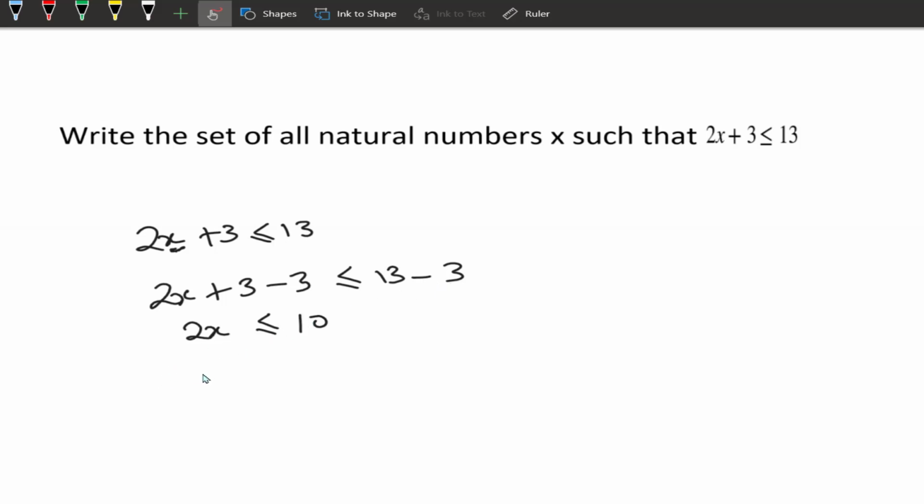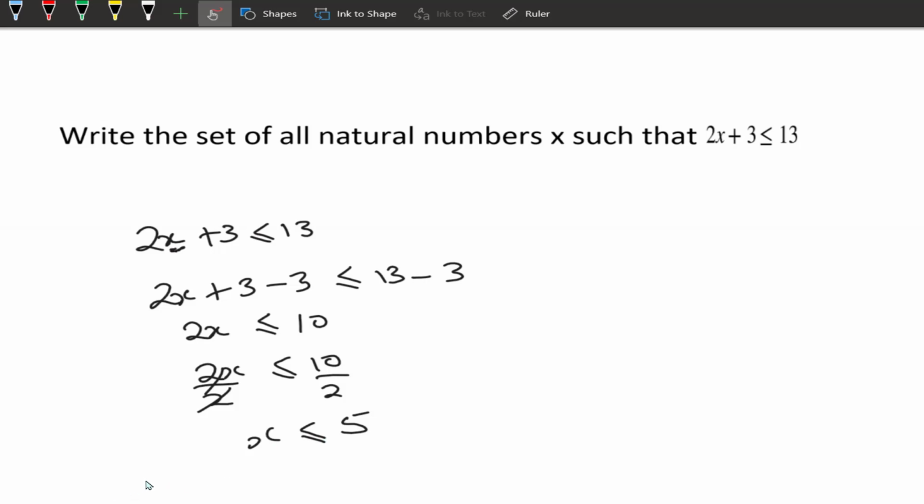If I divide through by 2, I'll get x less than or equal to 5. So to write all natural numbers for x that will make this part of the equation less than or equal to 13, it means all natural numbers up to 5.